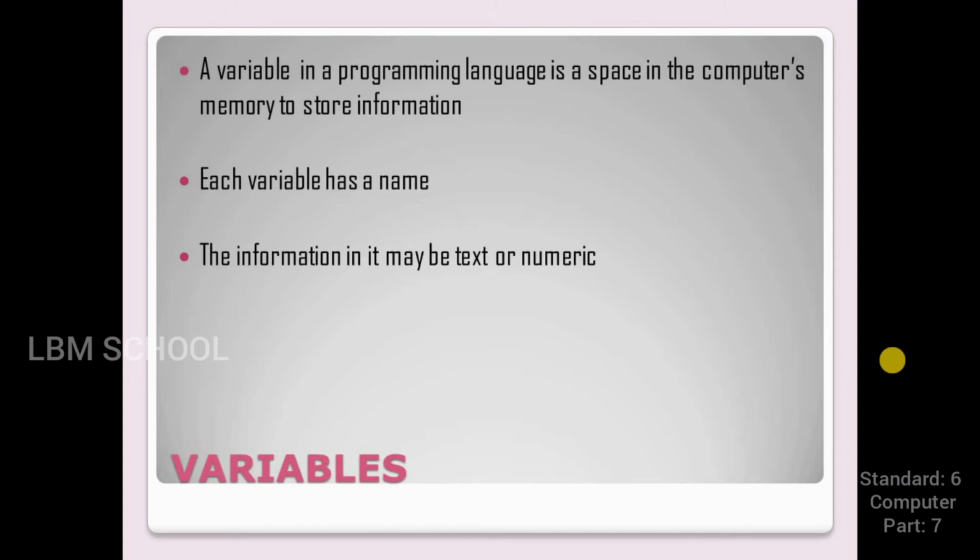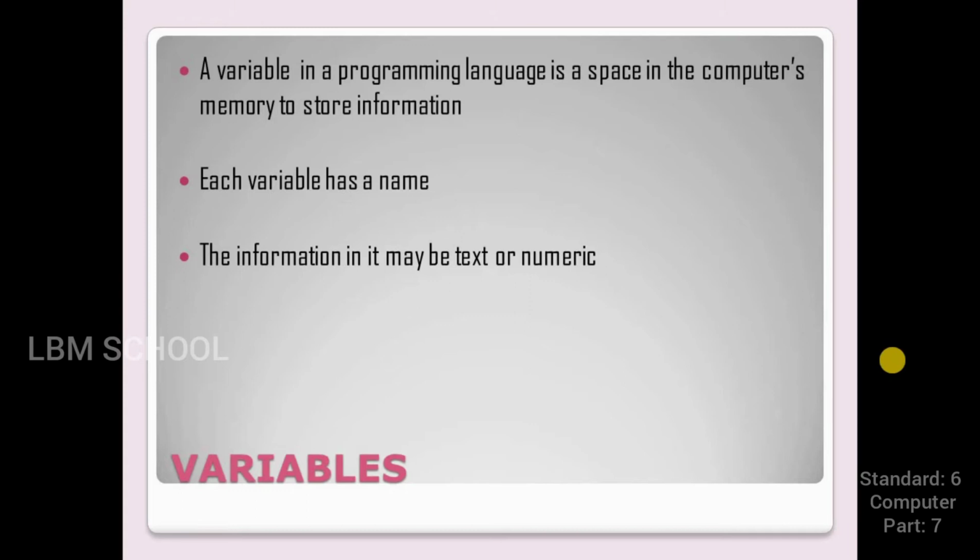That information might be text like sentences or names, or it might be numbers like 0, 1, 2, 3, etc. So, a variable is a space in the programming language.